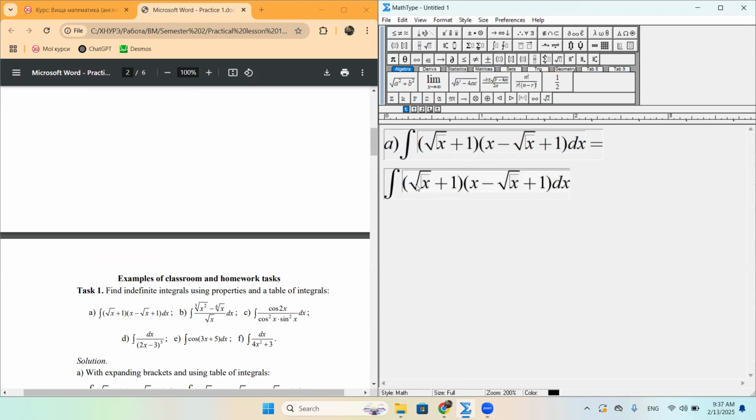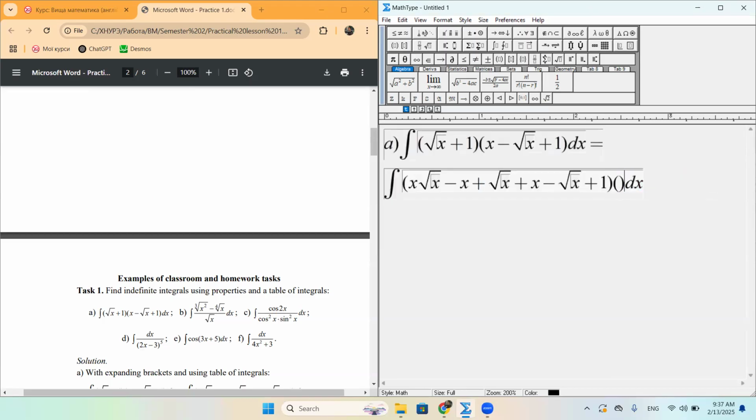So x by square root of x minus x plus square root of x. So multiplied square root of x by this. And now I just will add this.